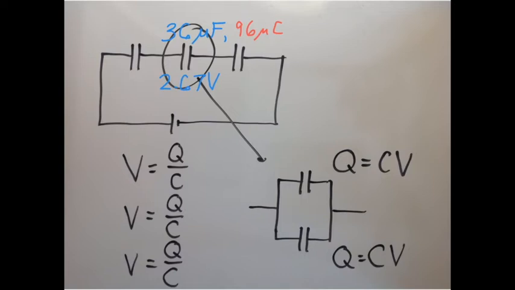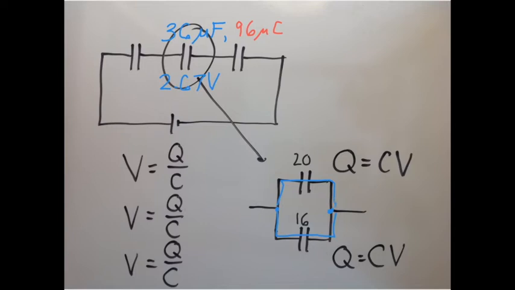This is what we knew so far about that 36 microfarad capacitor: it's storing 96 microcoulombs at 2.67 volts. But in fact, it is these two other individual capacitors. Since we know it's 2.67 volts across that capacitor, it's 2.67 volts on this one and on that one, either way we go around our circuit.